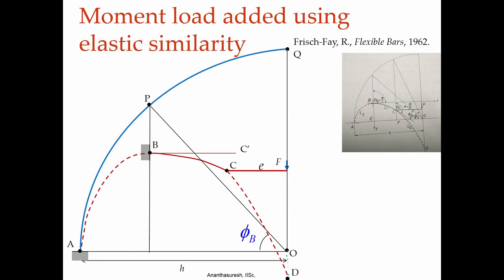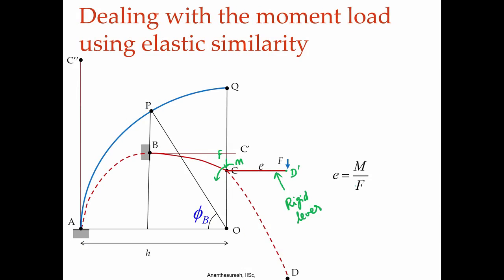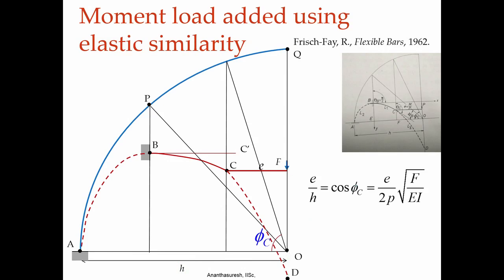So now we have a new thing, and I need to get that new H here. In order to get this new H, we already know the E. The E, again if you go back to this, E equals M by F, and now we can get that E in terms of the geometry here. E by H, that E is from here to here, which is the same as that.